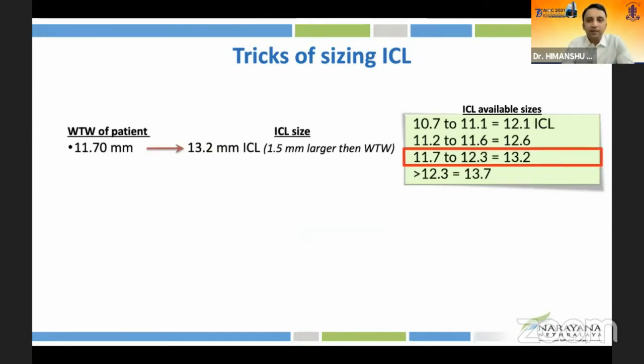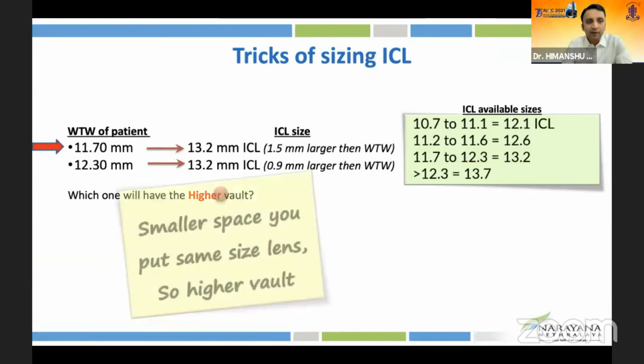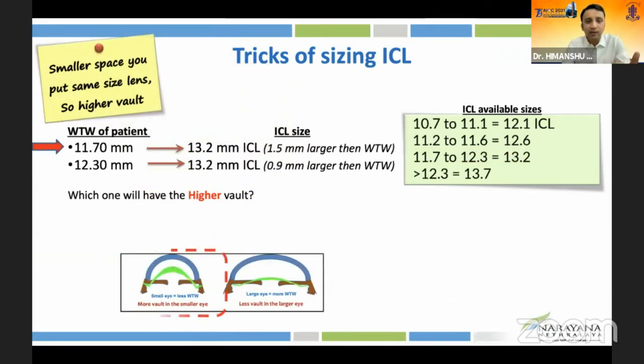If somebody's white to white is 11.7, the lens would be 13.2, which is 1.5 millimeters larger than the white to white. And even if it's 12.3, the calculator will still tell you 13.2, which is only 0.9 millimeters larger. So where do you think vault will be high? Of course, where the difference between the lens and the eye size is more, the vault is going to be high.